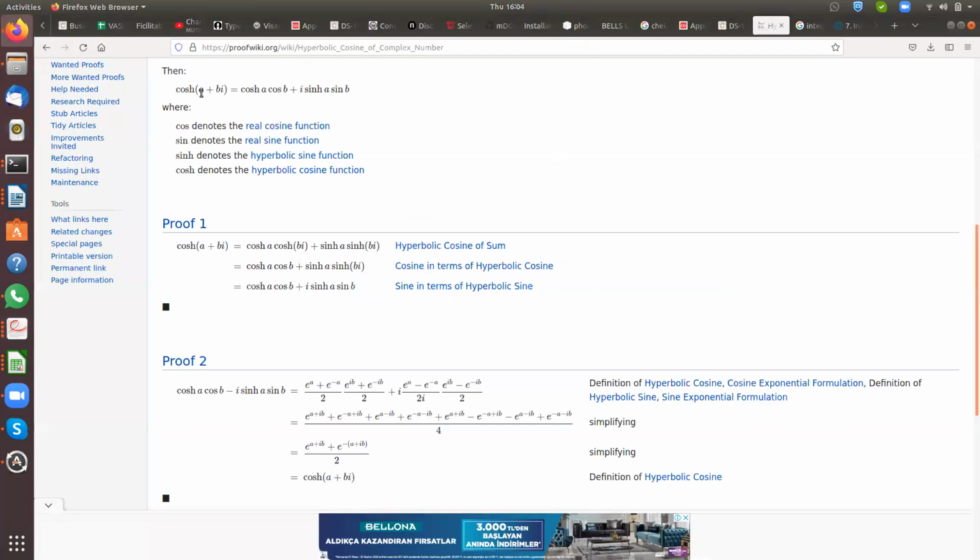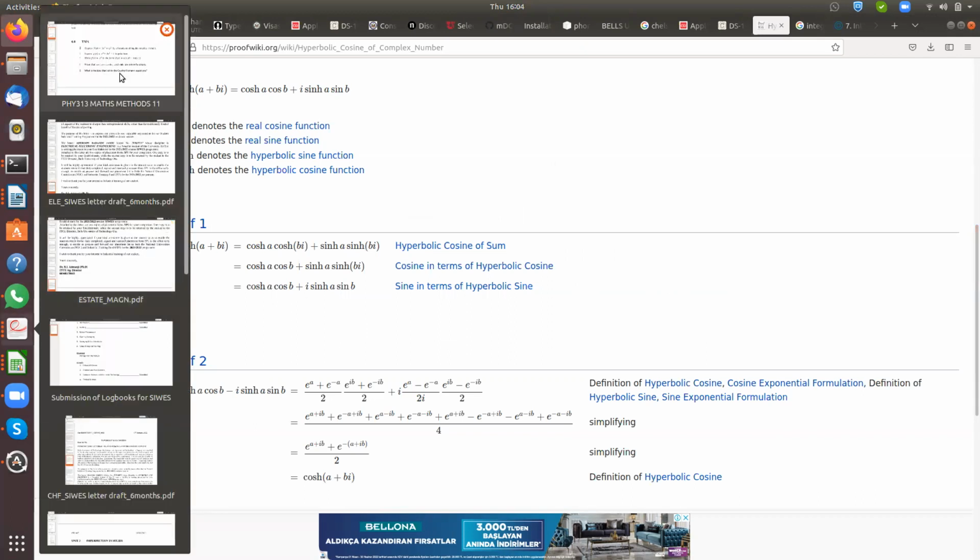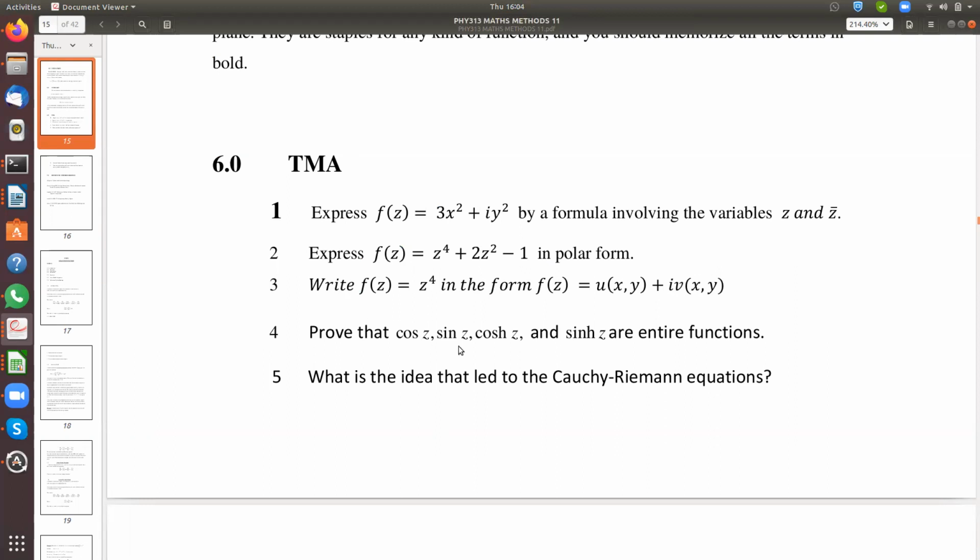For example, cos of A plus iB, which is Z, will now be cos A cos iB, like this. This is what you are expected to do for each of these functions: you have cos, sine, cosh and sinh. This is what you are expected to do just to express it in that form. Then you can expand. I think that is clear now.